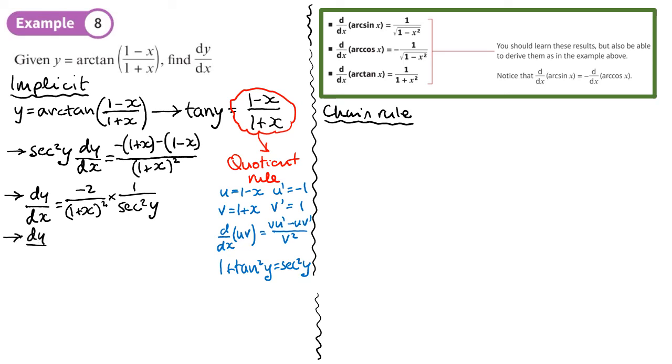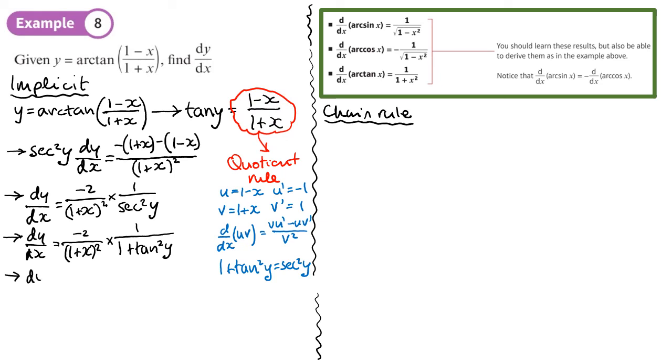So dy/dx equals minus 2 over this (1 plus x) all squared times 1 over 1 plus tan squared y. Well, tan y is (1 minus x) over (1 plus x). So basically I'll replace this tan squared y with this (1 minus x) over (1 plus x) all squared.